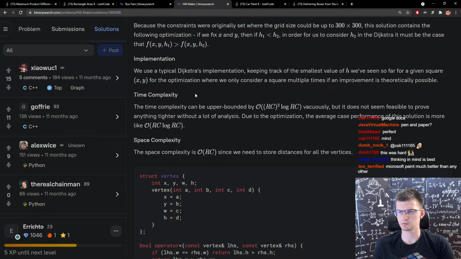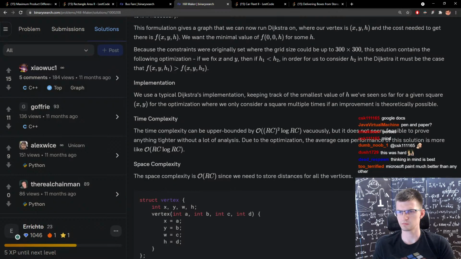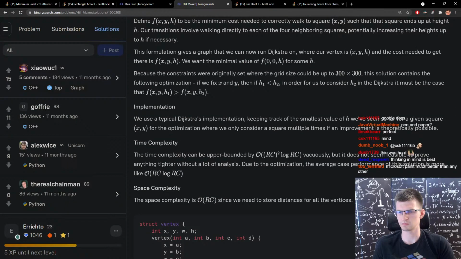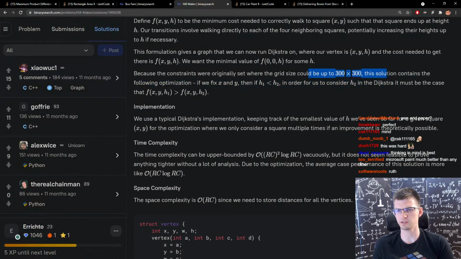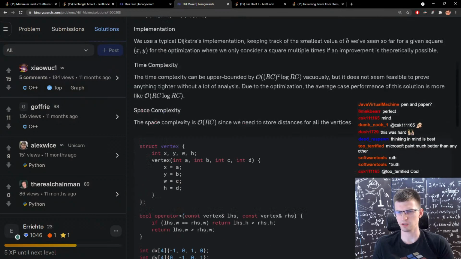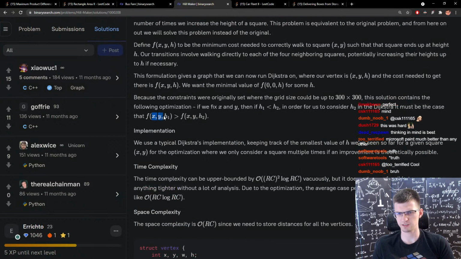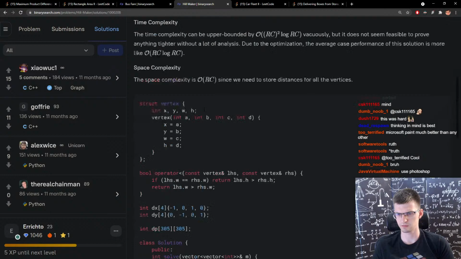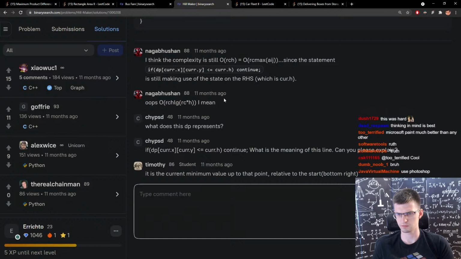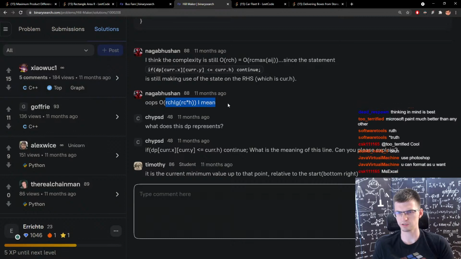What? Oh, the constraints were originally different, so we shouldn't worry about that. But yeah, I think they have states x, y, height. Yeah, that's the time complexity.